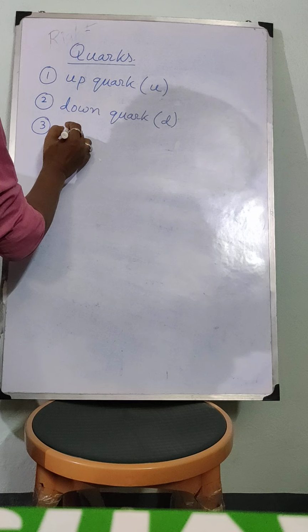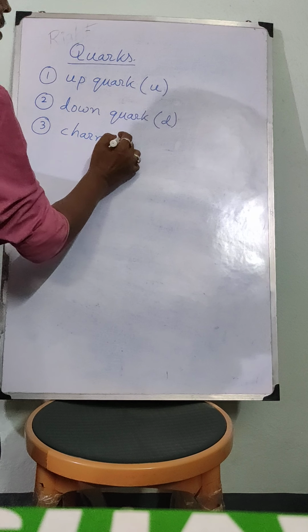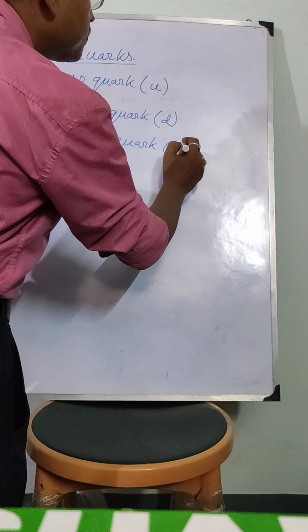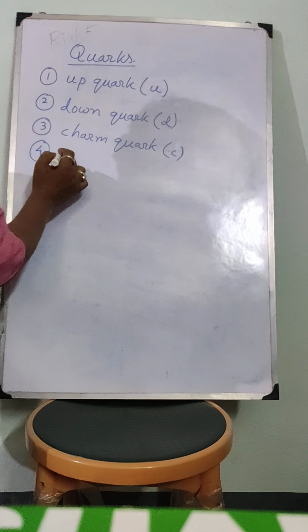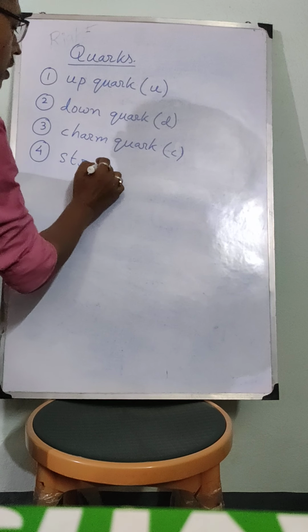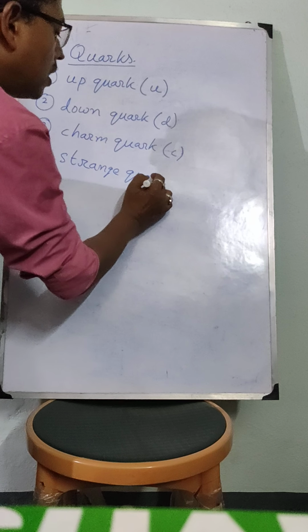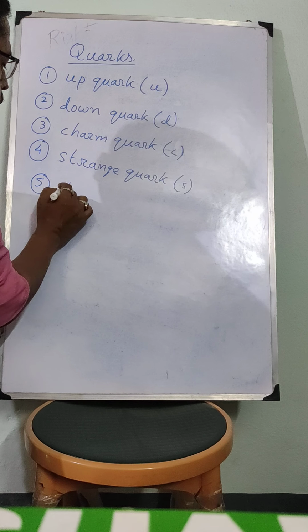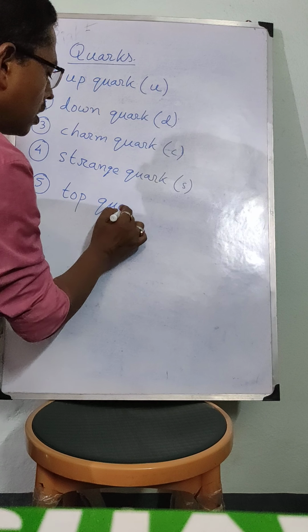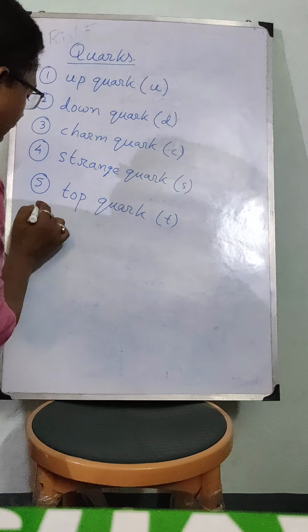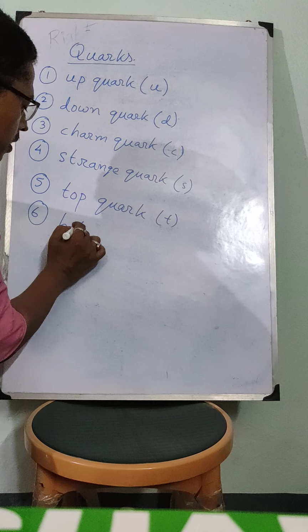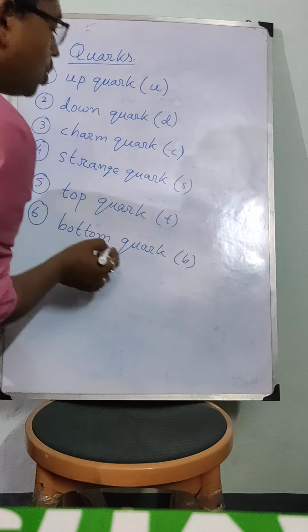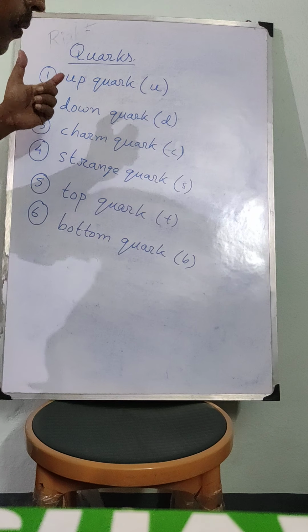Then we have the charm quark, C. Fourth, we have the strange quark, then we have the top quark, and sixth is the bottom quark. So these are the 6 flavors of quarks.